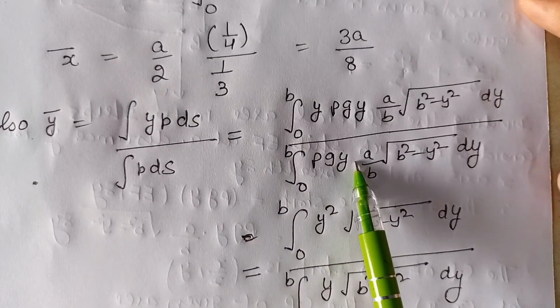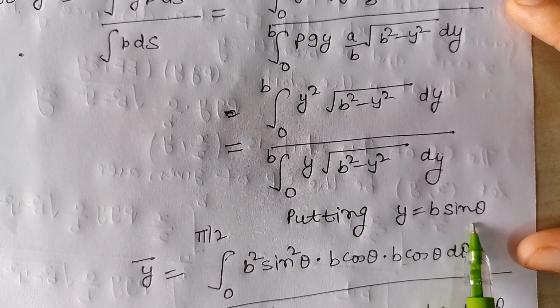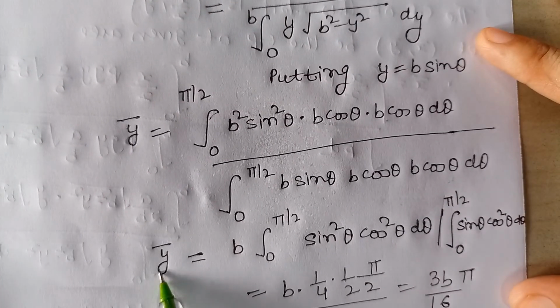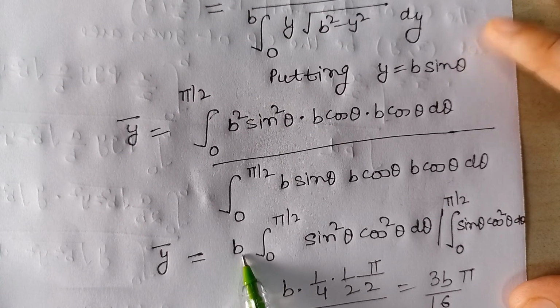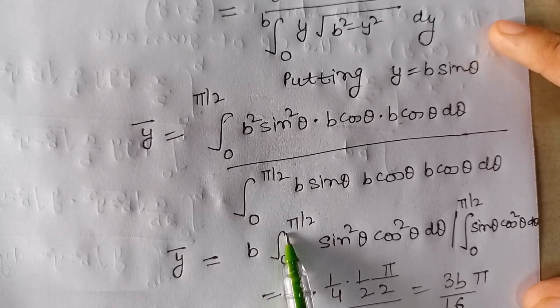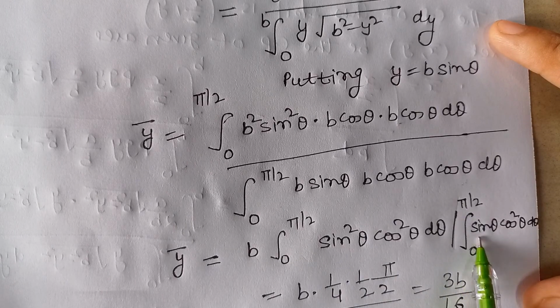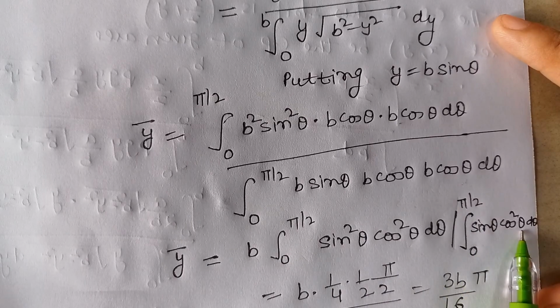So putting the values here and taking y equal to b sine theta in both integrals, we get y bar equal to b into integral 0 to pi by 2 sine squared theta cos squared theta d theta upon integral 0 to pi by 2 sine theta cos squared theta d theta.